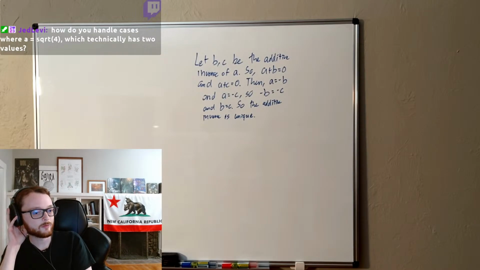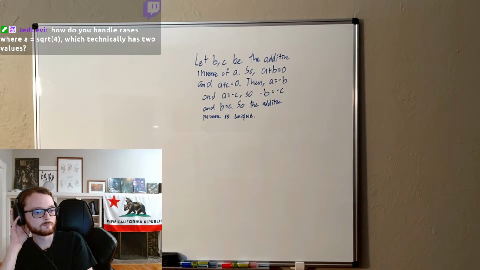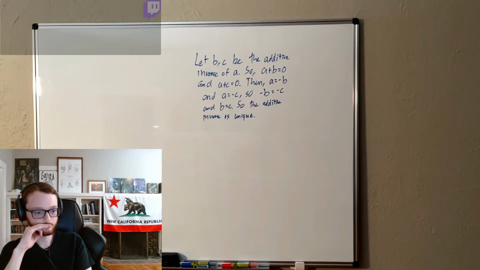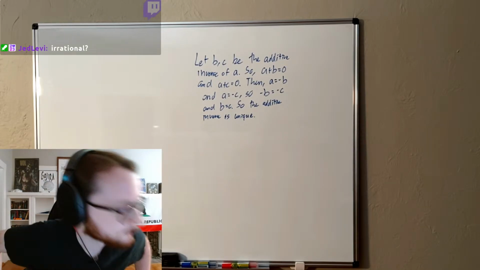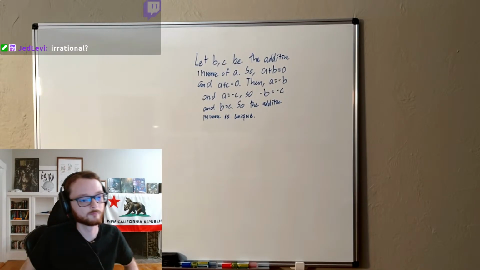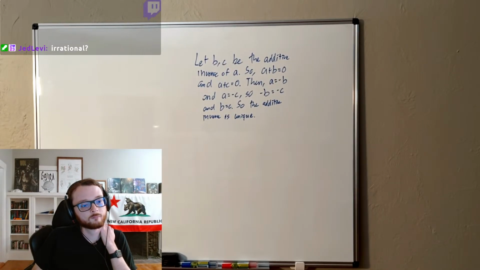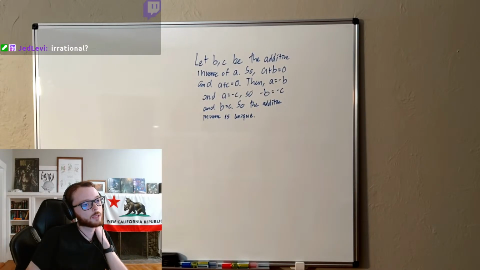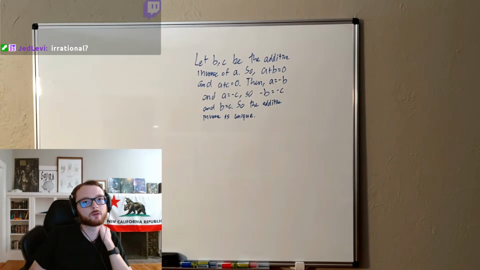This is an additive inverse specifically, so I don't think we have an issue with irrational numbers here. That'll be the inverse of, like, squaring. Well, A equals square root of 4, that only has one value, A equals 2.